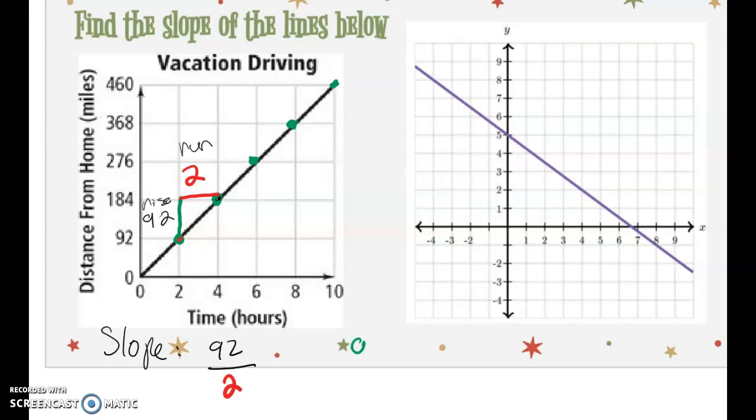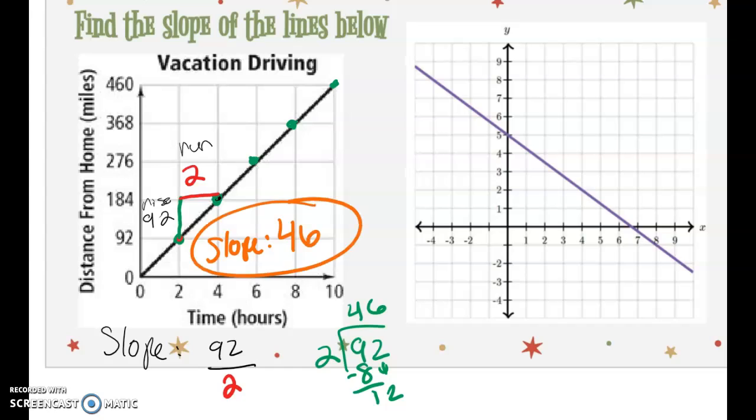Absolutely. Can I reduce? Absolutely. I'm going to take it and divide. 2 can go into 9 how many times? 4. And I'm left with 12. How many times can 2 go into 12? 6. So my slope for this line is going to be 46. So that means every hour they're going to travel 46 miles from home.